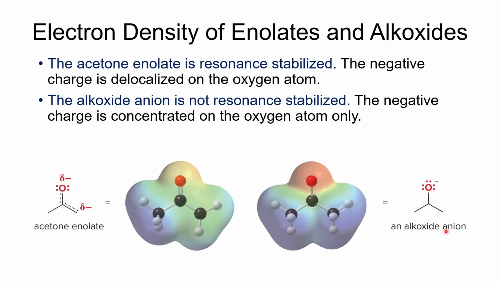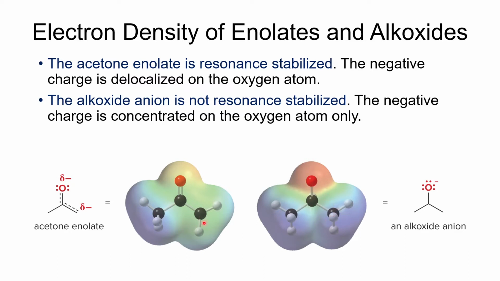So 19 versus 18. They're pretty close, but this one is a little bit less basic. The reason for that is that all of the negative charge is on oxygen, rather than attempting to delocalize it to a carbon, which is not as electronegative. We've got it all on the most electronegative atom. So that gives you an idea of where the difference in those negative charges are.